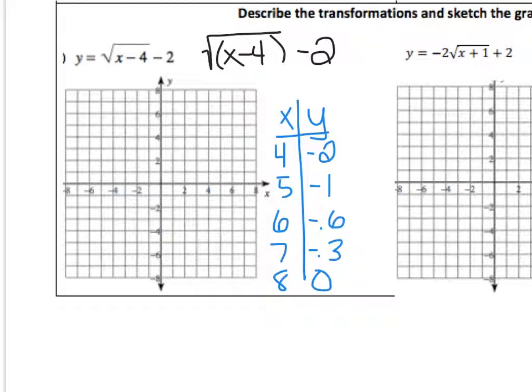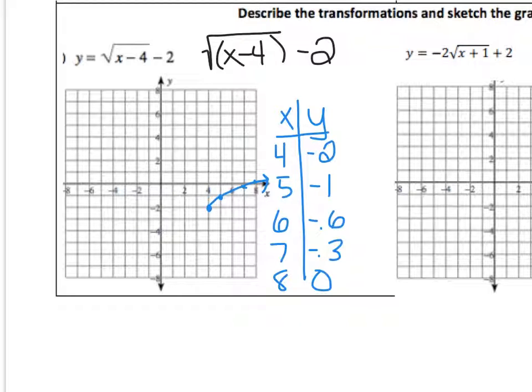And I'm going to stop there. So I'm going to graph this. So 4, negative 2, 5, negative 1, 6, negative 0.6, 7, negative 0.3, and 8 is 0. So this is what your graph looks like.